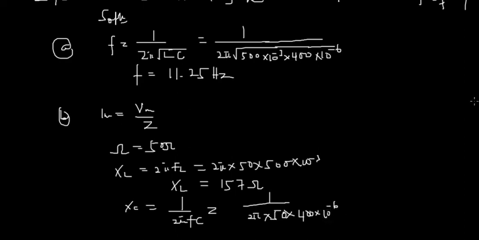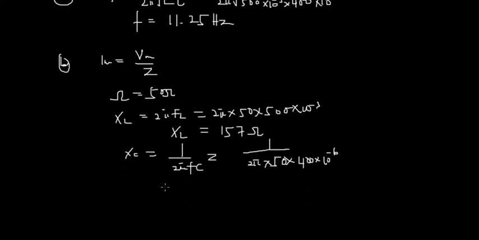When you calculate that, you end up with 7.9 ohm. Now this is quite straightforward: when you subtract XC from XL, we end up with X.